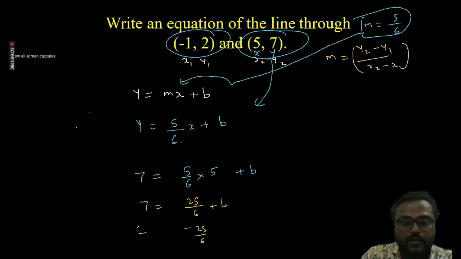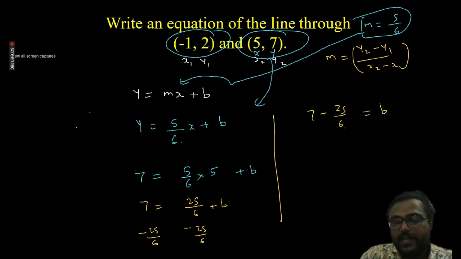So let me just solve it now. Subtract 25 over 6 from both the ends. What will I get now? I will get 7 minus 25 over 6 equals b. So what will I do now? 6 times 7 is 42, minus 25, over 6, is equal to b.